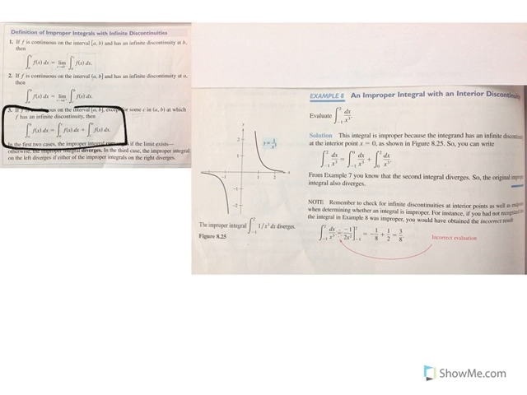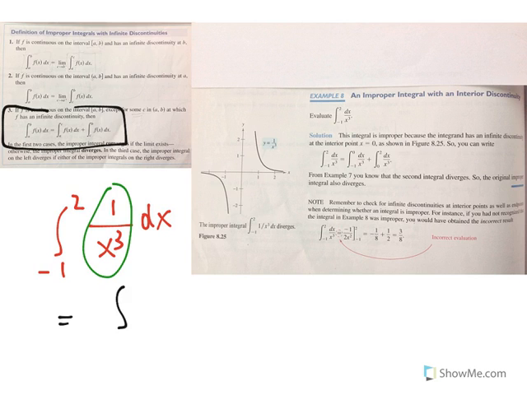It happens at x is equal to 0, because our integrand will have an infinite discontinuity when x is equal to 0. So the way you deal with that is you write this as the improper integral from -1 to 0 plus the improper integral from 0 to 2.